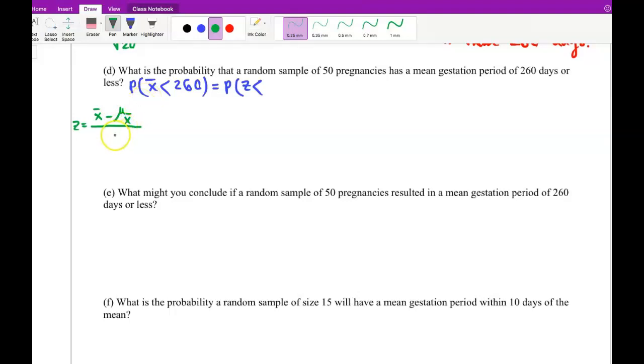When you have x bar, you want to use the standard error. So 260 minus 266 divided by 16 over the square root of n, and that is equal to negative 2.65.